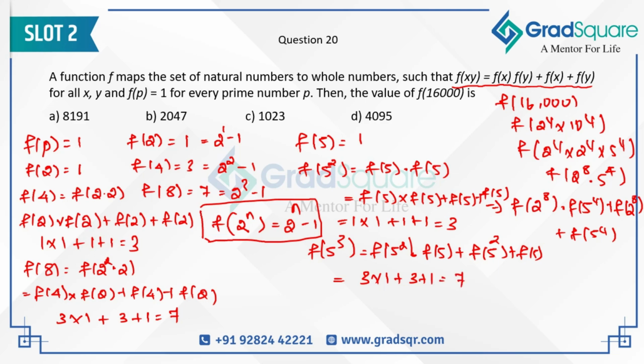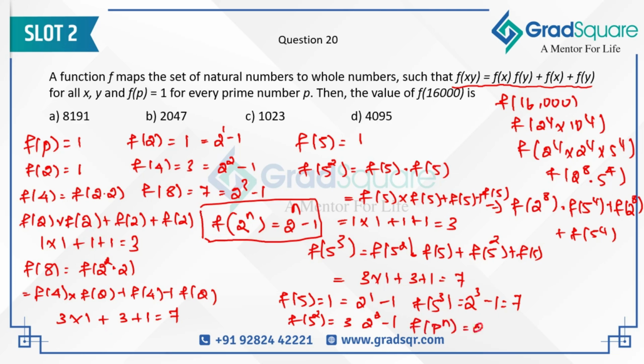Again I'm able to find out a pattern, right? F of 5 is equal to 1, which is nothing but 2 power 1 minus 1. F of 5 square, which is 25, is equal to 3, which is 2 square minus 1. F of 5 cube is equal to 2 power 3 minus 1, which gave me a 7. That means f of any prime number to the power n is equal to 2 power n minus 1.